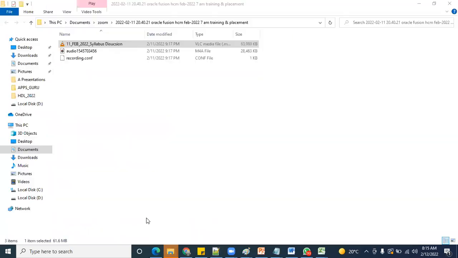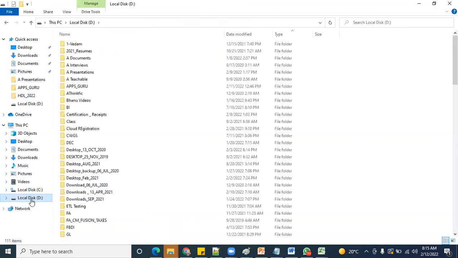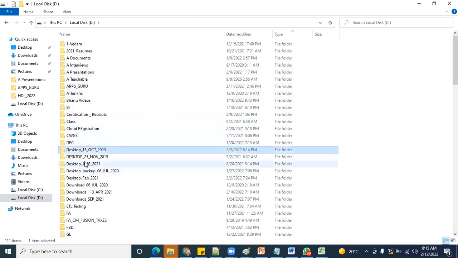Let's say, simple. Let's say this is my cloud. This is my laptop. In that, the D drive is there. This is called cloud. In the D drive, there are different softwares. Like that, Fusion applications is one of the software.